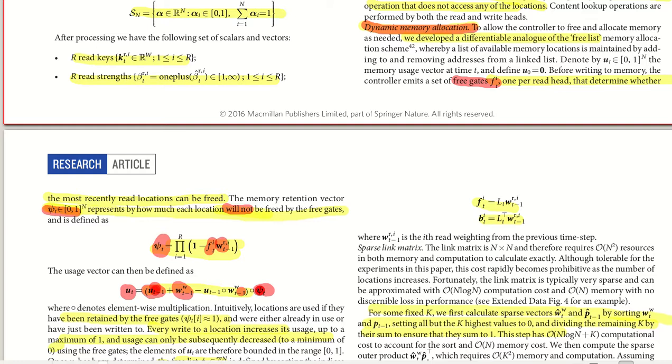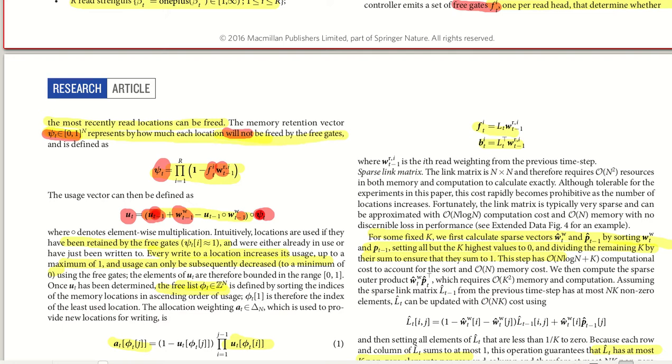So f just determines whether or not we can free something that has just been read, and all these other elements are just obvious. We maintain the usage at t-1, plus if we write something that is going to increase the usage, and if we just read something that is going to decrease the usage or not, depending on this f right here.